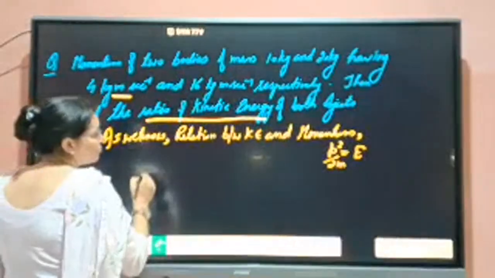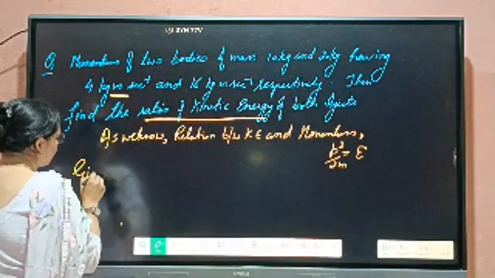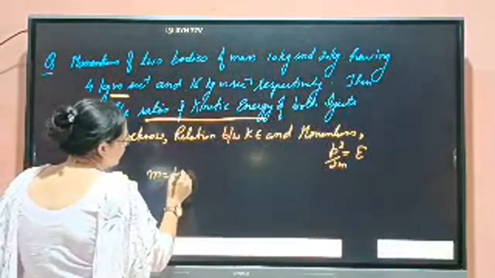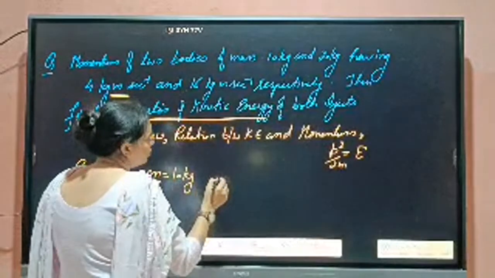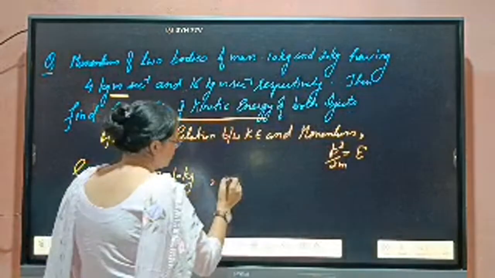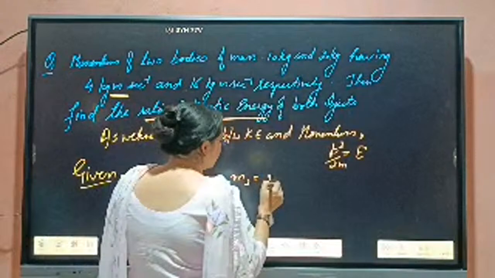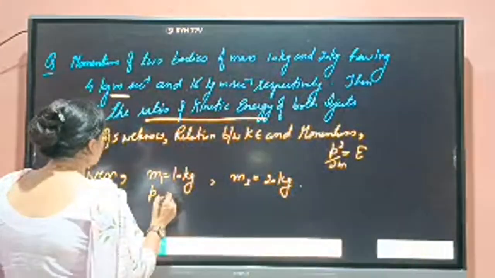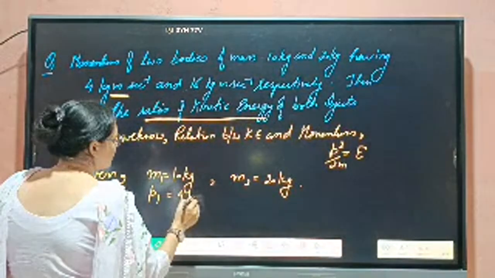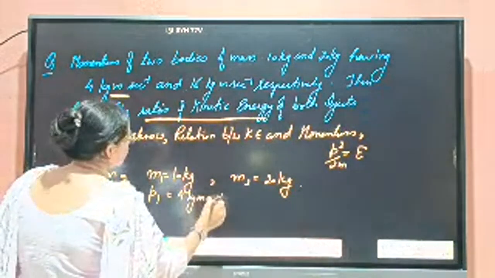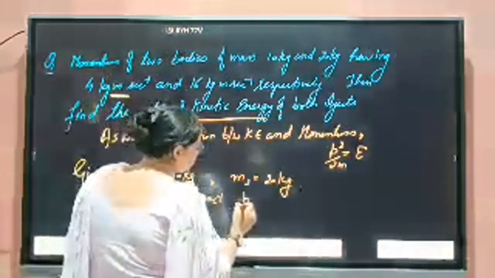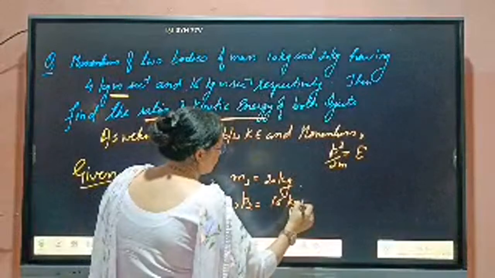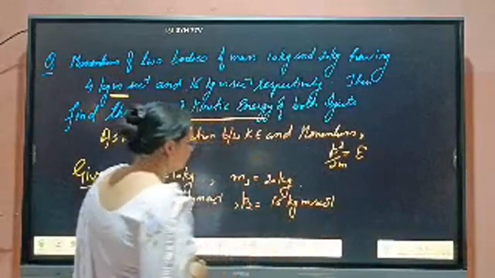So here, first we will write the given terms. What is given in our question? Mass of the first body is given, our 10 kg. Mass of the second body is given, our 20 kg, having momentum p1 equal to 4 kg meter second minus 1 and p2 equal to 16 kg meter second minus 1.